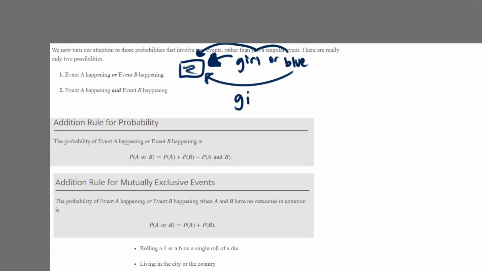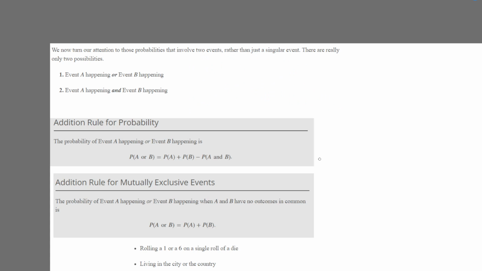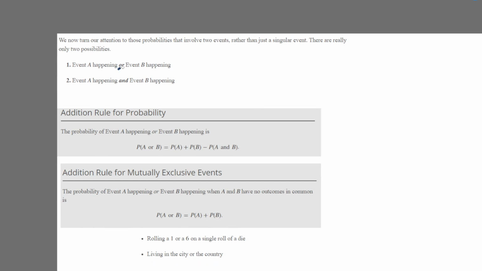So that gives us at least three different possibilities. But if it was girl and blue shirt, then you would only have one of those possibilities on that list because she'd have to be a girl and she'd have to be wearing a blue shirt. So the very small wording of or and and is what's making a big difference.